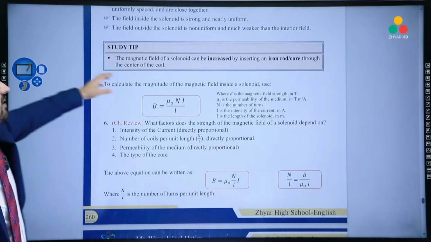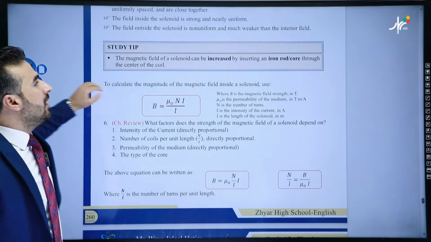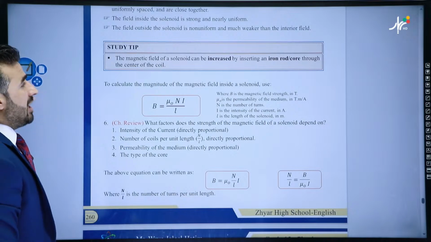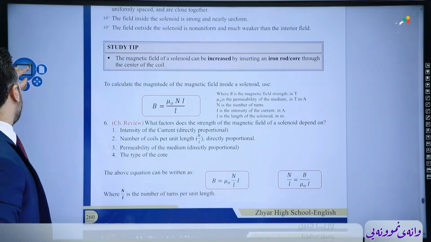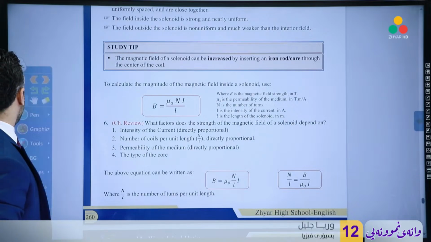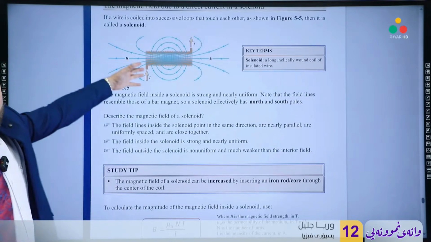It says the magnetic field of a solenoid can be increased by inserting an iron rod or core through the center of the coil here. What do we mean by this? Take a look here. So this is a solenoid, yeah?